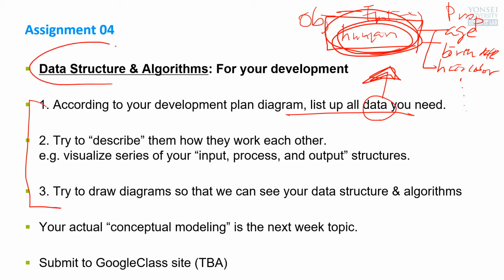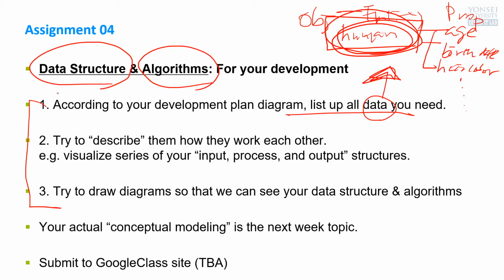So you can try to find your data structure, and algorithms mean how to manipulate your data: something existing, something derived from external data, something that can be manipulated or newly generated in your process.